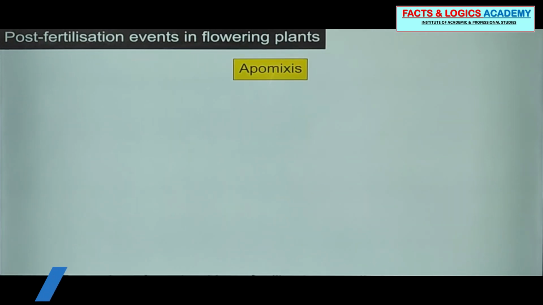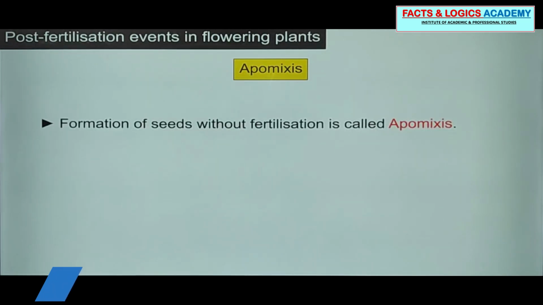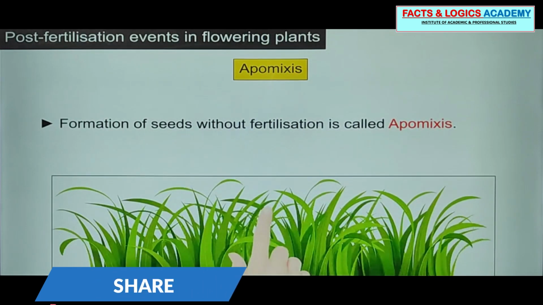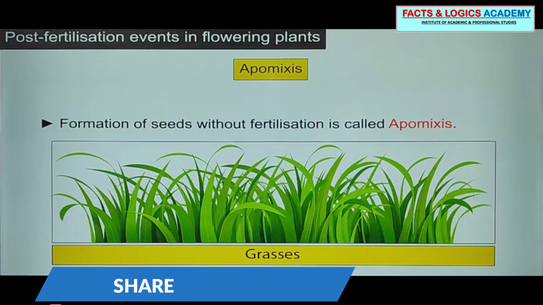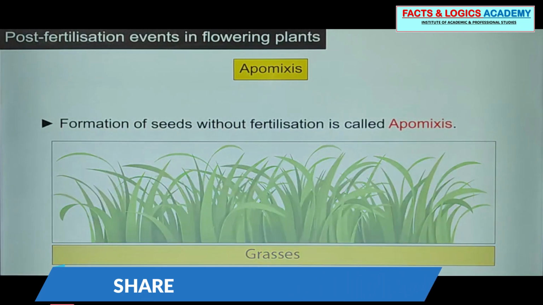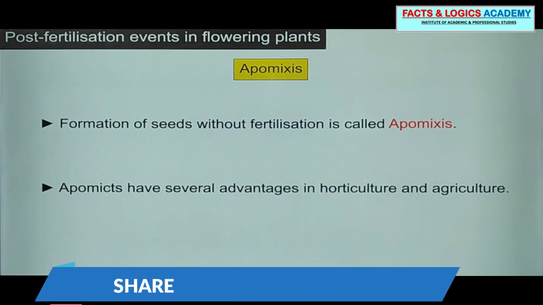And not just fruits, even seeds are formed without fertilization. And this is known as apomixis. Grasses show this phenomenon. Apomicts, or plants that reproduce by apomixis, have several advantages in horticulture and agriculture.